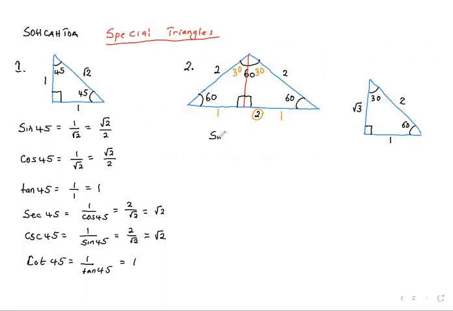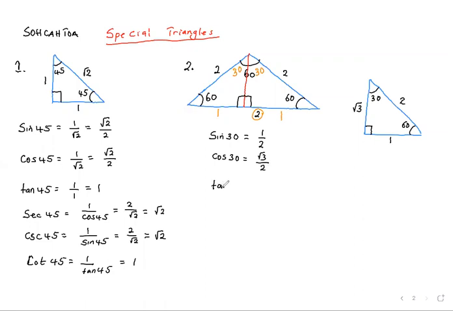We can get sine 30. Sine is opposite over hypotenuse, so opposite is 1, hypotenuse is 2. Cos 30, adjacent over hypotenuse, adjacent is root 3 over hypotenuse 2.